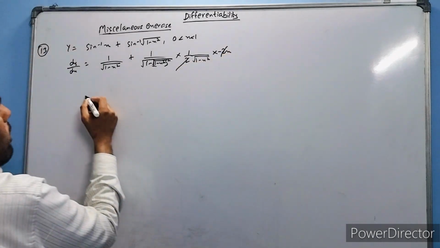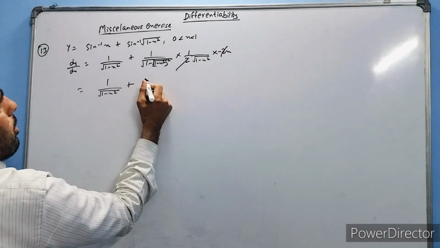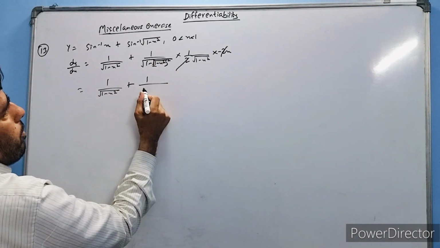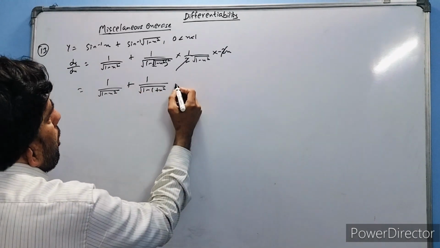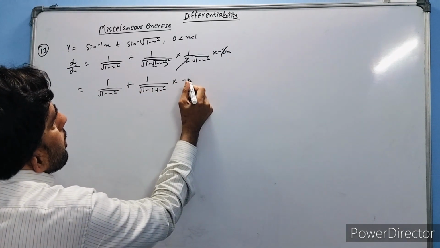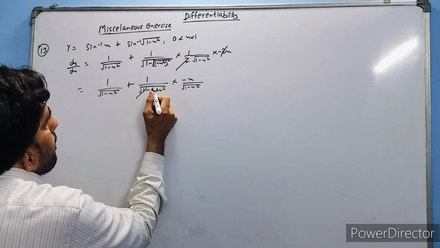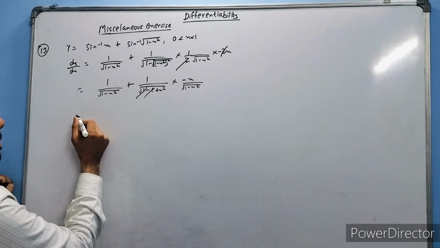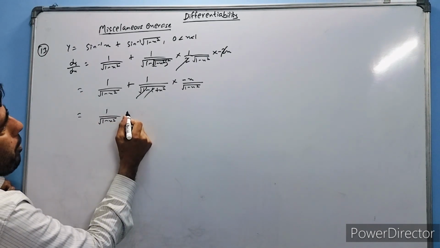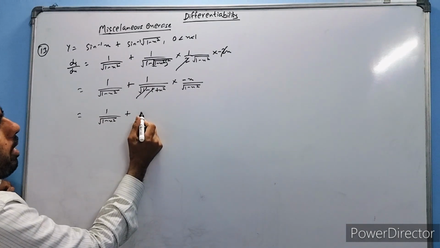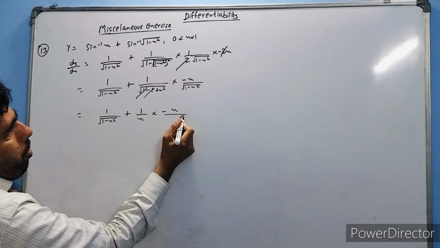So we have 1 upon square root of 1 minus x square plus, now solving the second term, we have 1 upon square root of 1 minus 1 plus x square into minus x upon square root of 1 minus x square. This simplifies to 1 upon x into minus x upon square root of 1 minus x square.